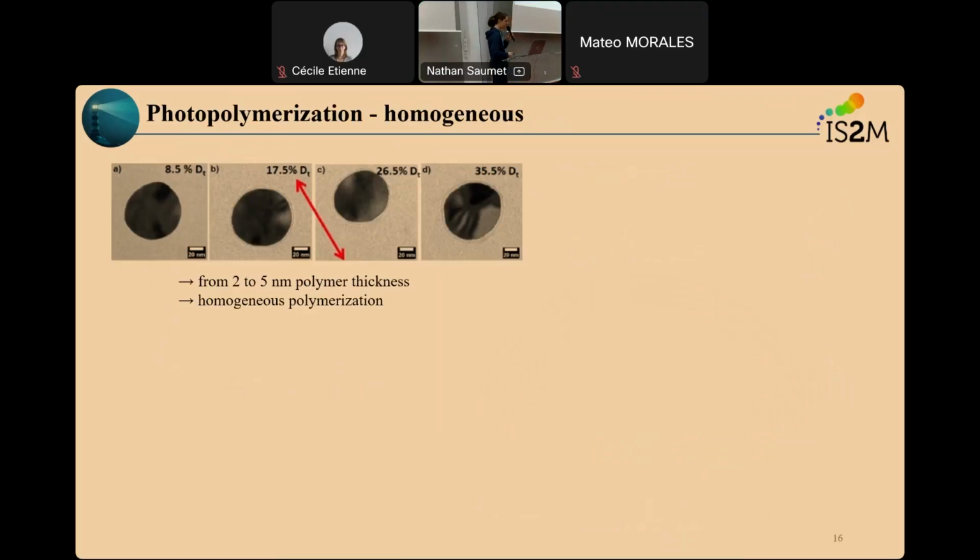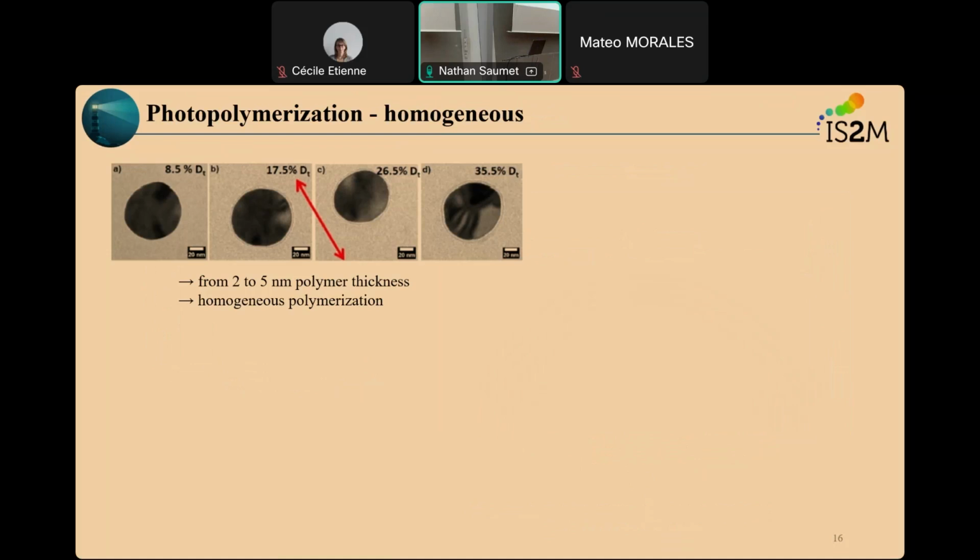So what do we observe on gold spheres? So it's disk, it's not sphere. So here we observe that for a small threshold dose, there is nothing around the nanoparticles. So this is an important image. It means that when the polymerization did not occur, no polymer at all was on our nanoparticles.